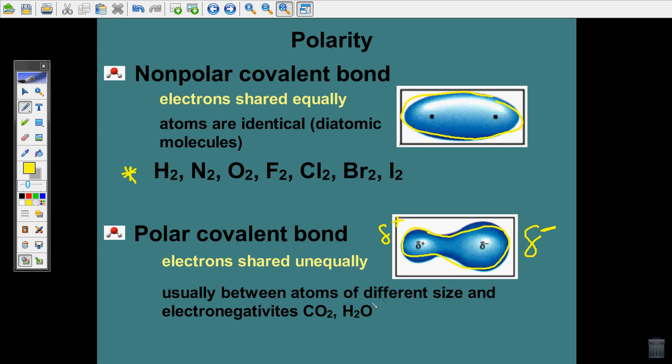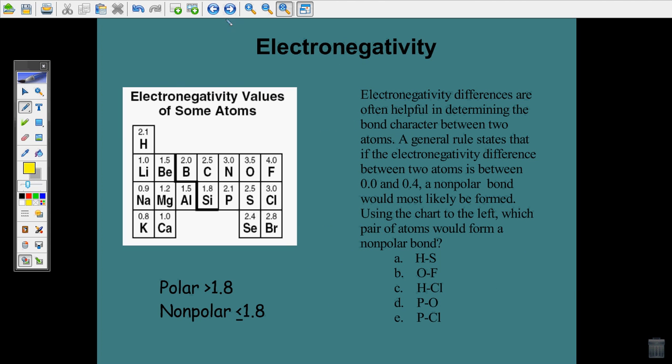And it's usually atoms of different size and different electronegativities. So like carbon dioxide or water. They're both C and O, they're both nonmetals, but they're different nonmetals. So electronegativity, this is just the attraction of electrons, how much an atom wants an electron.